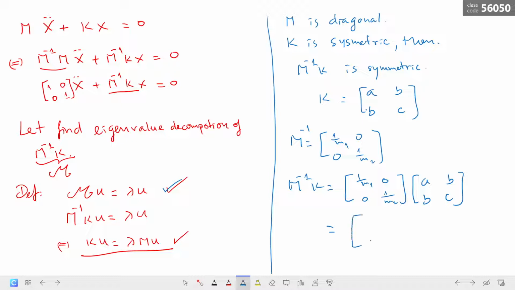So when I multiply by this, I have a over m1, b over m1, and here b over m2, and c over m2. So the matrix can be symmetric if m1 equals m2.